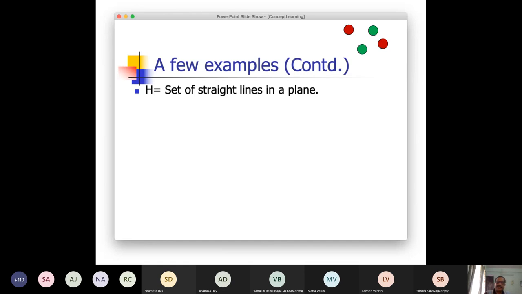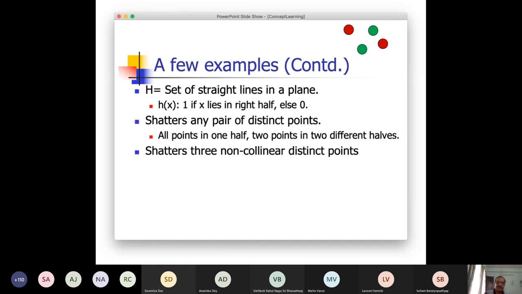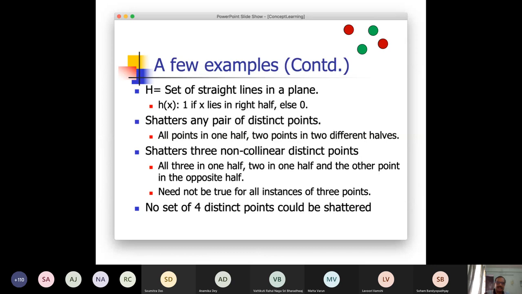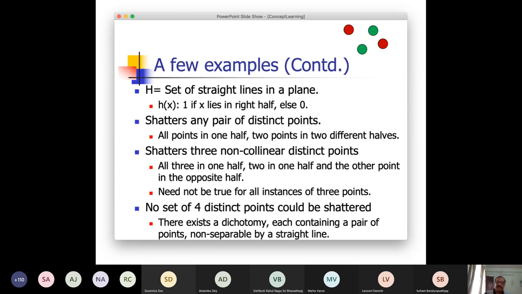Continuing with the straight line example, I am not repeating that. I have already mentioned that with 4 distinct points, it cannot be shattered. There exists a dichotomy containing pairs of points non-separable by a straight line.